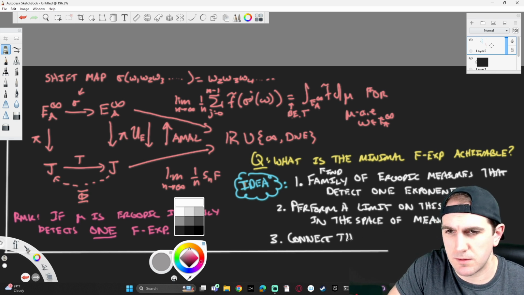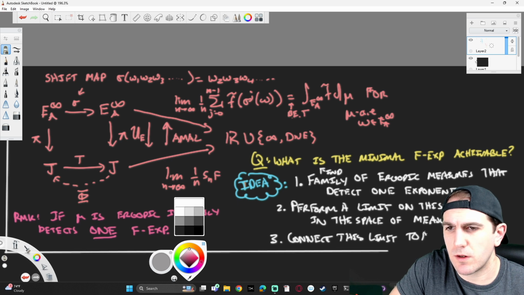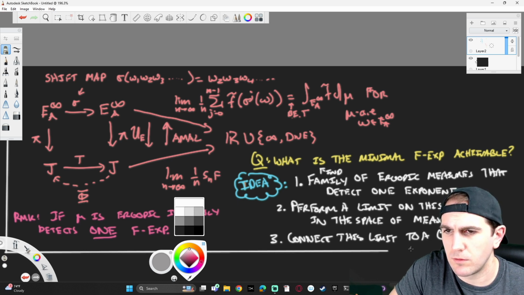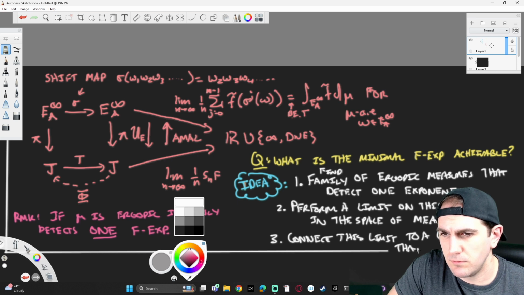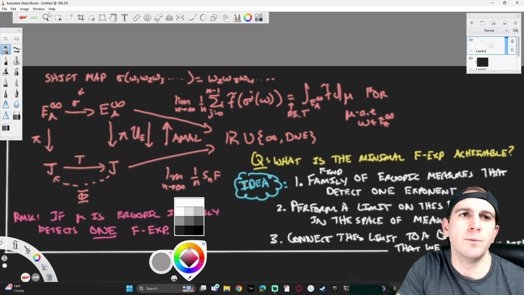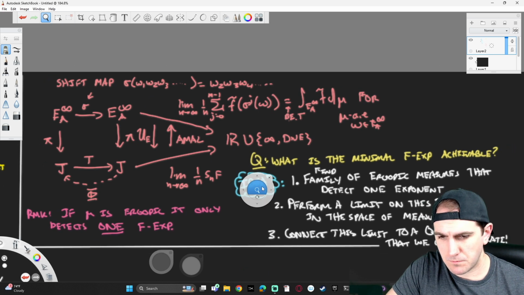So connect this limit to a quantity that we can calculate. All right, that's the game plan.